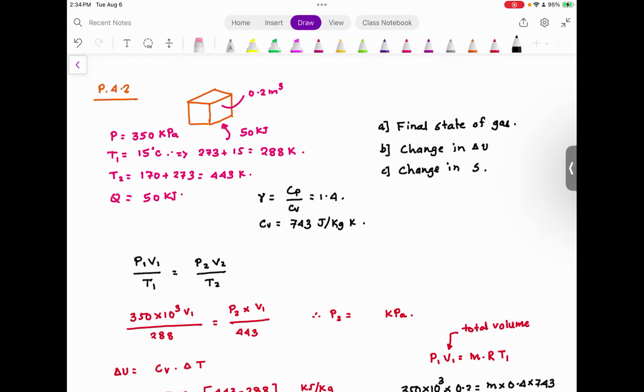We also looked at the derivation of R, which is the gas constant. So we looked at the equation of H, which is the enthalpy, given as internal energy plus flow work.